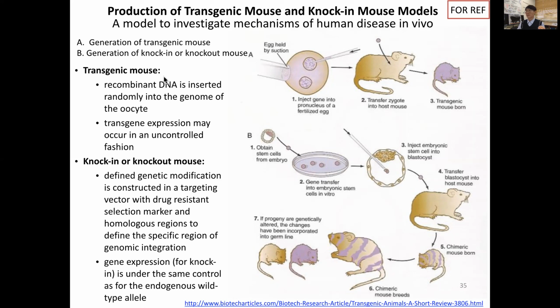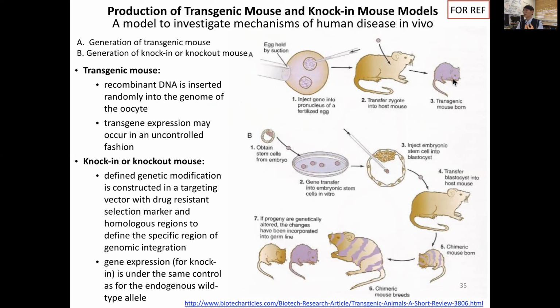In a transgenic mouse, a recombinant DNA is inserted randomly. So let me see here. This is a fertilized egg of a mouse, and we inject the gene into the pronucleus of the fertilized egg, and that zygote, which is a fertilized egg, is put into a host mouse, and that will create a transgenic mouse.